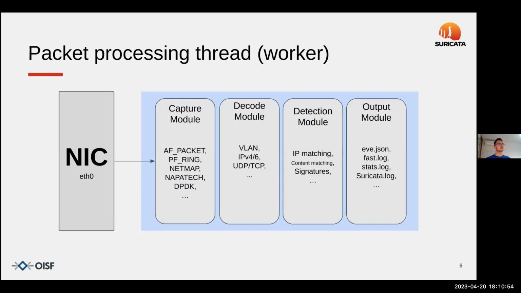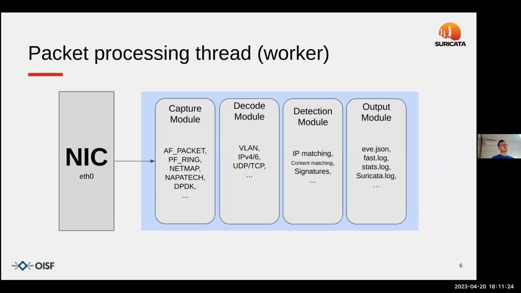The first module is the capture module, and examples of a capture module can be AF_PACKET, PF_RING, NetMap, NetAttack, and DPDK. So basically, the capture module is how you receive traffic from, let's say, the outside world to your processing thread.